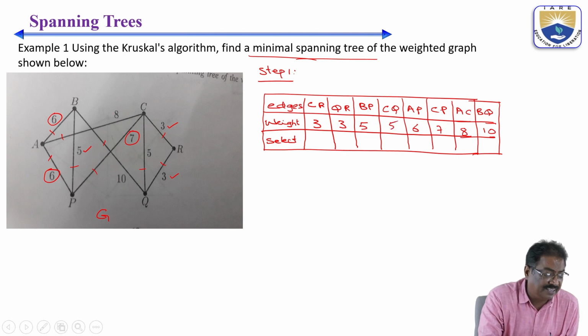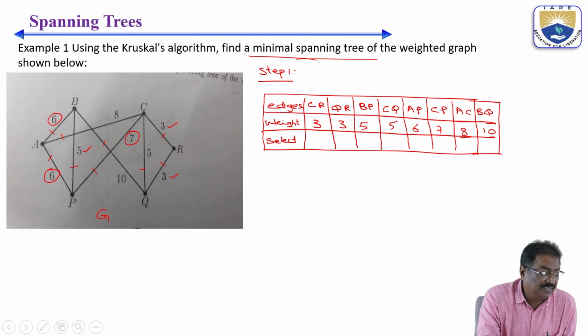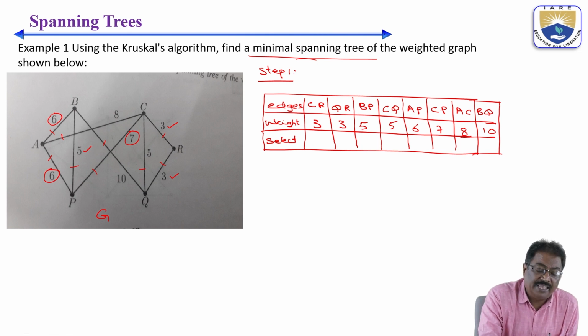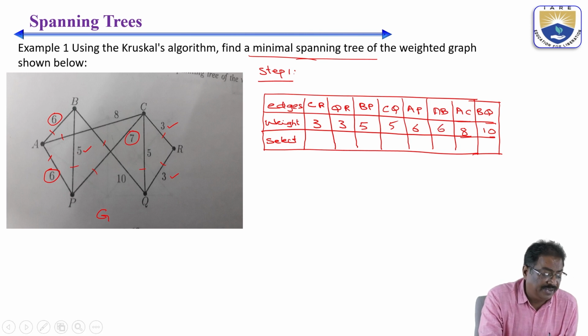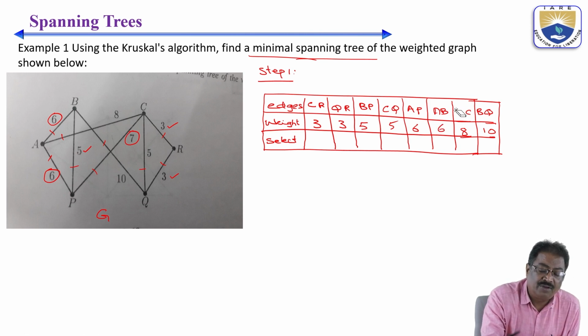AP weight is 6, and AB weight is also 6. Then the 7th edge is PC, and its weight is 7.